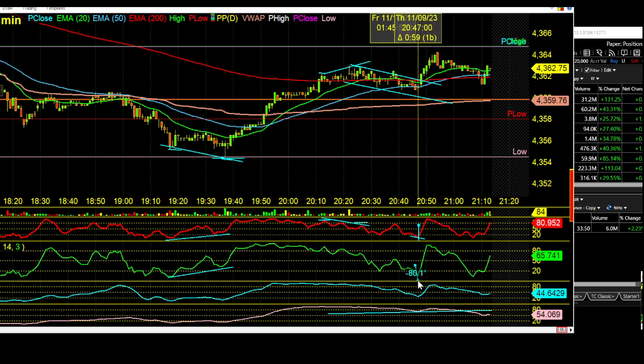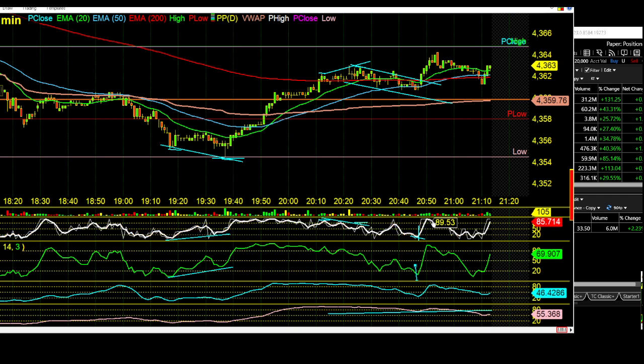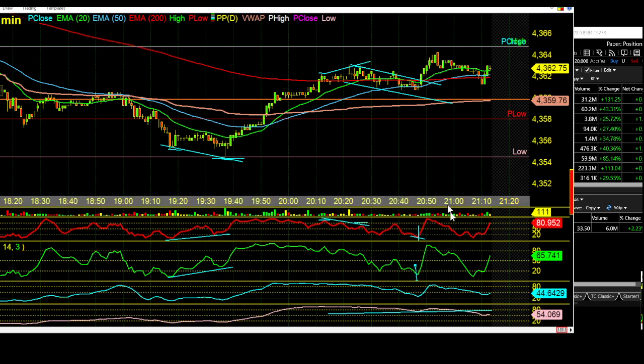Again, I have things down to a science. Once that closes back over 20, and this is back over 80, that's considered a buy. So that was our bull flag right there. And we just had that trade and we just took it off. I'm not worried about how much we're going to get. I'm worried about our rotation and taking profits. The object is to get in and get out, because another setup will eventually show up.